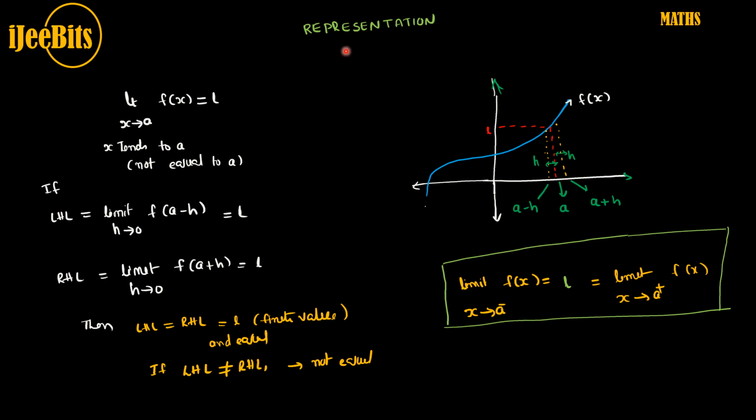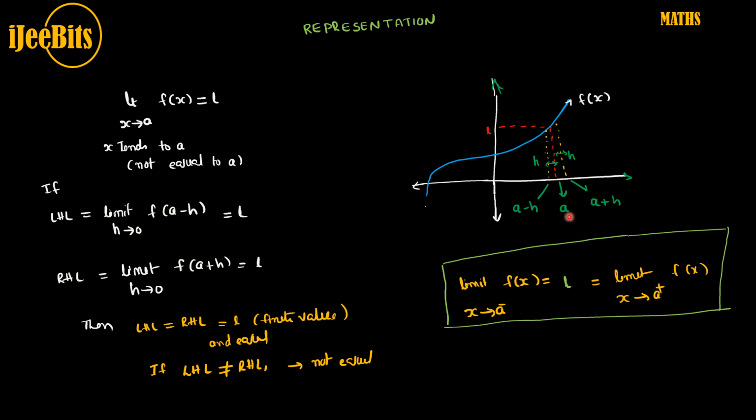One more perspective. Let's say you have a function f of x, and you're talking about x tends to 0. Let's say somewhere else you want to find out at x equal to a, for a given point, whether the limit exists for f of x or not.